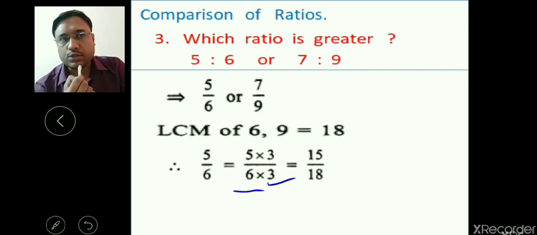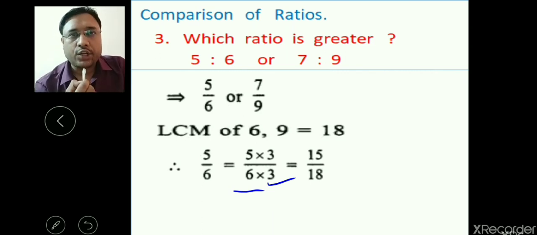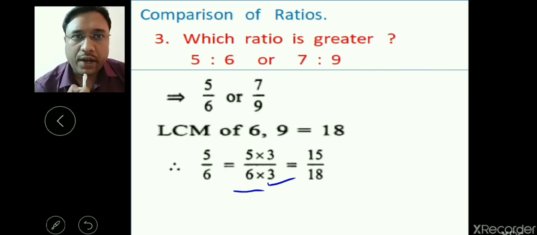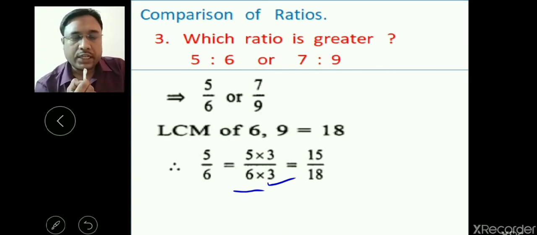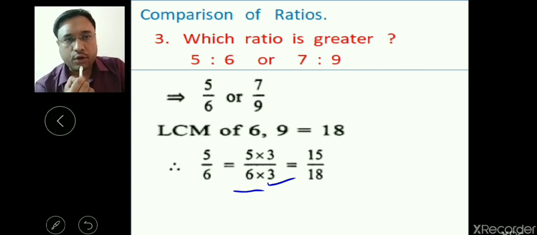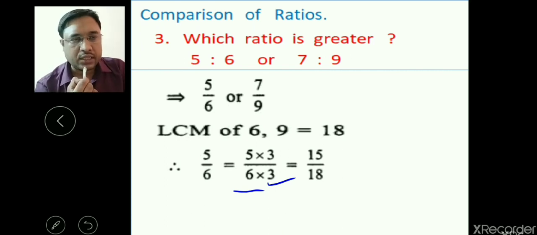So the numerator also you have to multiply with the same number 3, because numerator and denominator you have to multiply with the same number to convert it into an equivalent form. And if the equivalent forms have the same denominator, then they are called like fractions. So that only I am doing here. So 5 into 3 is 15 and 6 into 3 is 18. That means 15 by 18.